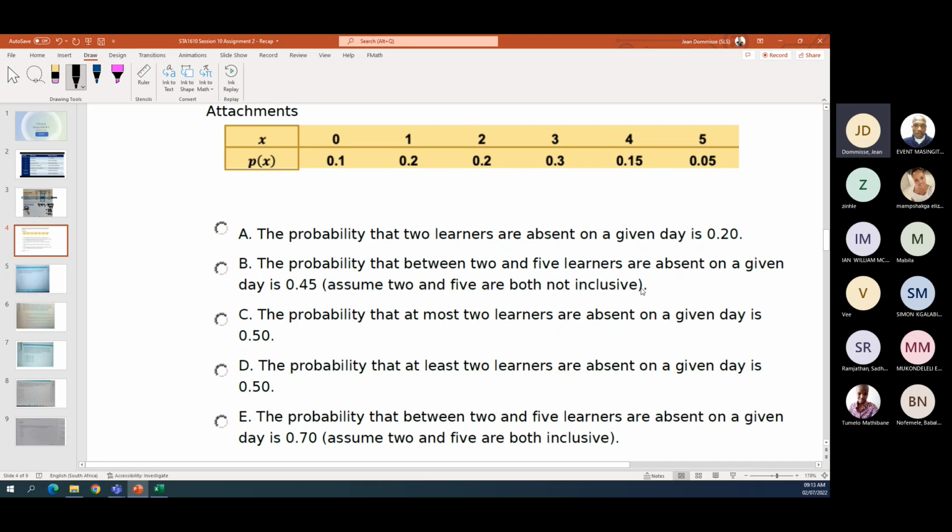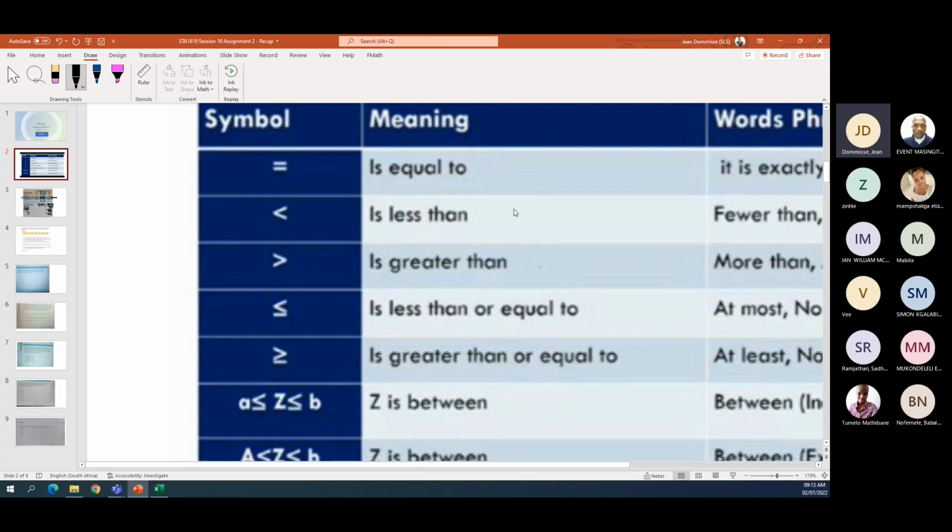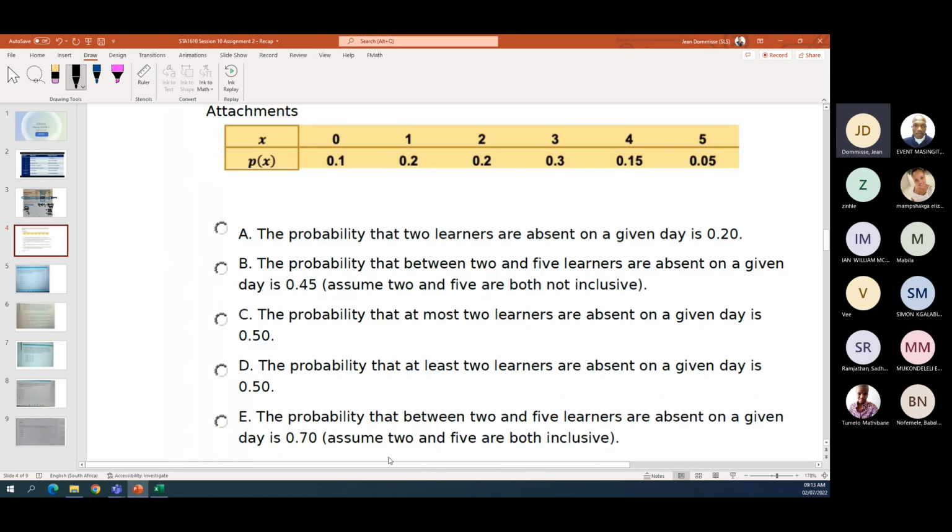So probabilities of a discrete that you need to do here, it's very important you need to look at this table again, because now we're going to see again, for me, words that if I see both are inclusive, I start wondering, and I'm just, again, English not my first language, so some of these words are really not words that one is used to.